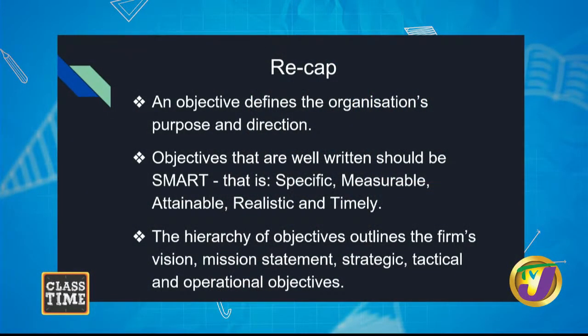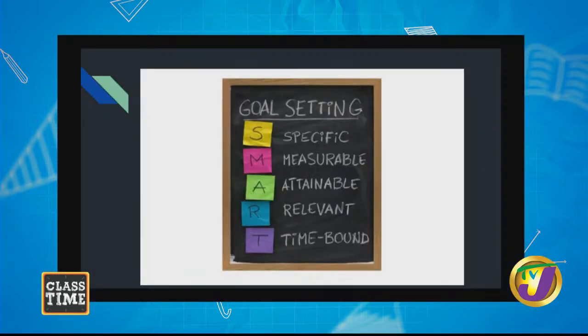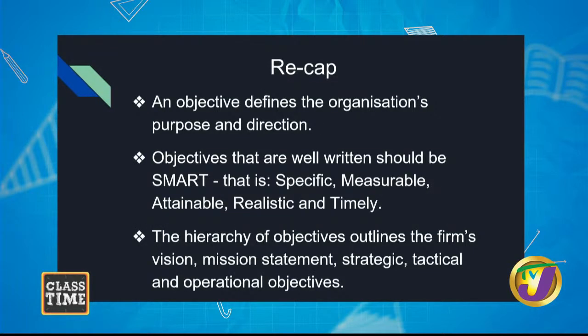You're very smart students, right? So that is specific, measurable, attainable or achievable, realistic or relevant, and timely. So once you look at an objective and it has all elements, you know that this is indeed a SMART objective, all right? And the other thing that we want to recap on, the hierarchy of objectives outlines the firm's vision, mission statement, strategic, tactical, and operational objectives.